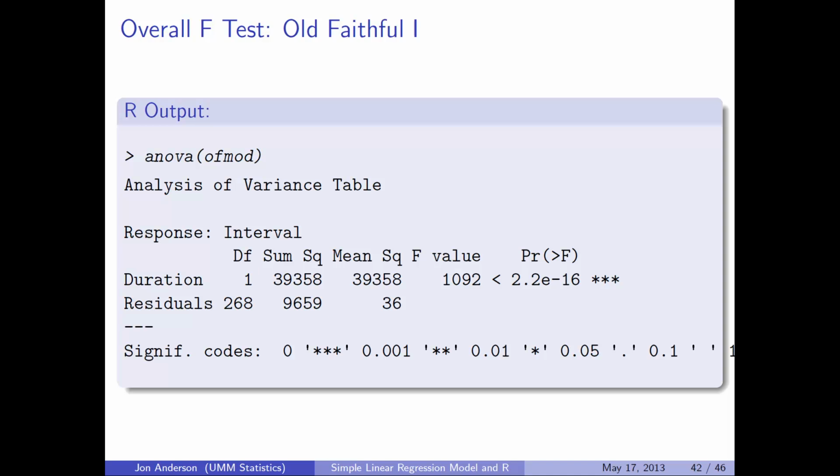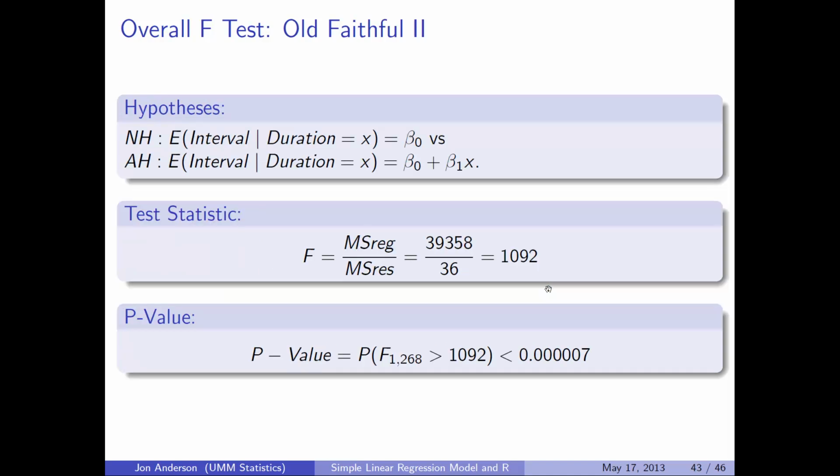We can get everything we need for this f-test from the ANOVA command that you've seen before. It partitions the variation into the part for the regression model, this first row, and the part for residuals, the unexplained part that is in the second row. And you'll notice we get an f value over here in this column and the associated p-value in scientific notation over here in the far right column for p-value.